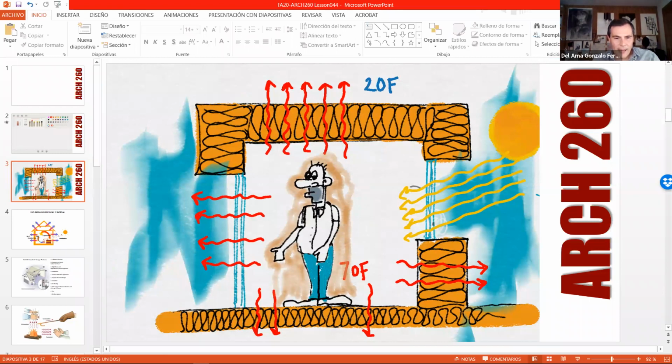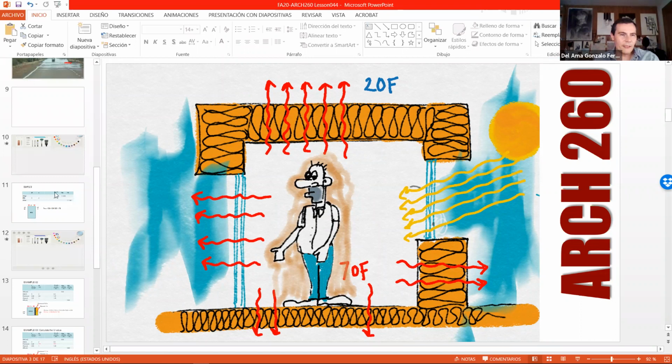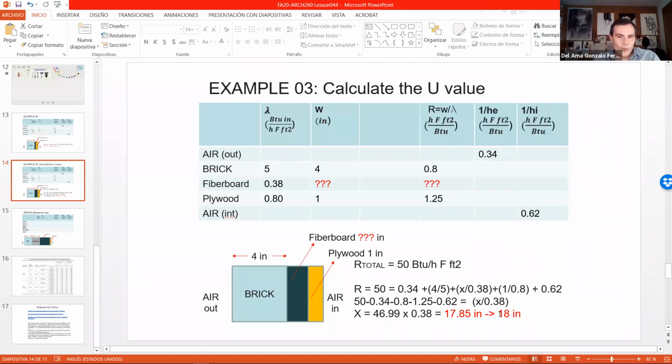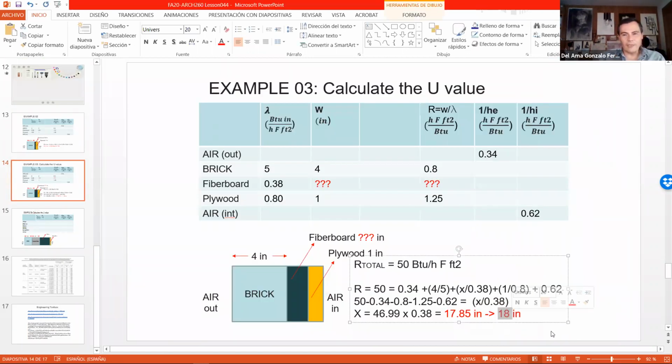But look at this. If we are aiming at these passive house buildings, high performance buildings, zero energy buildings, we need 18 inches of thermal insulation. I told you that 6 might be enough in Florida, probably. But in cold climates, we need 12, depending on the thermal insulation. This is not a very good thermal insulation, by the way. We will talk about different kinds of thermal insulation.